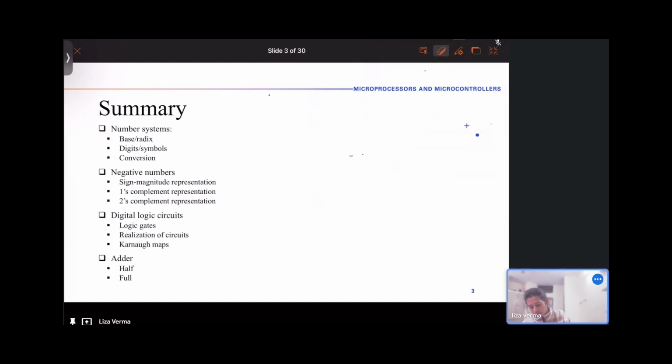So yes, the next thing that sir briefly discussed in lectures was digital logic circuits. We all know logic circuits take digital input, which they recognize as high bit or low bit, and give output as well in 0s or 1s, high or low.